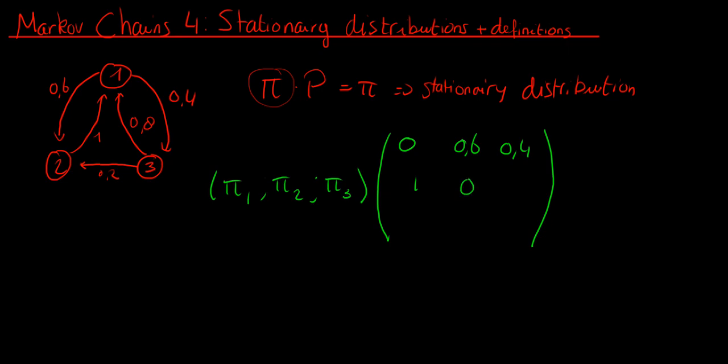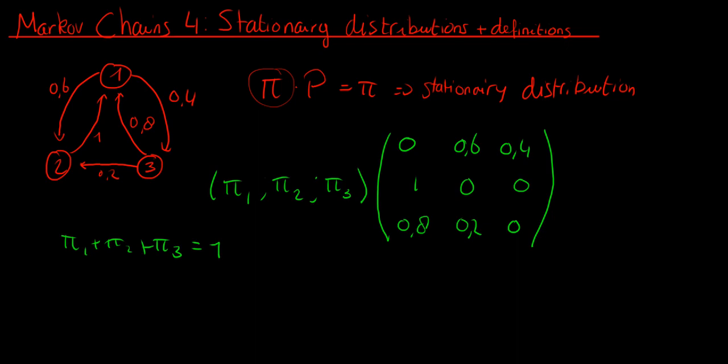Then 1, 0, 0, 0.8, 0.2, and 0. So what we want is when this is multiplied, that this returns again pi 1, pi 2, and pi 3. Furthermore, what we also know is, of course, that pi 1 plus pi 2 plus pi 3 is 1.